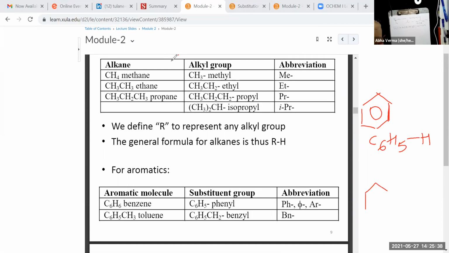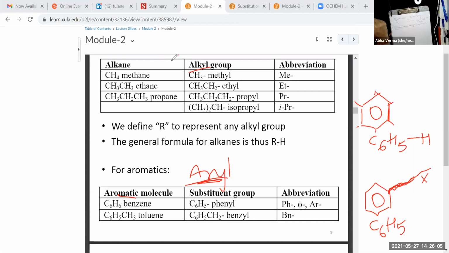But when you have an aryl, so these are aryl groups, not alkyls, because aromatics are aryl groups, one of the hydrogens is missing. What is the formula now? It is C6H5 because one of the hydrogens is missing. All the hydrogens were here earlier, but now one of the hydrogens is gone. So the formula is C6H5 and it is abbreviated as Ph, phi, or Ar. Ar just indicates the aryl group.